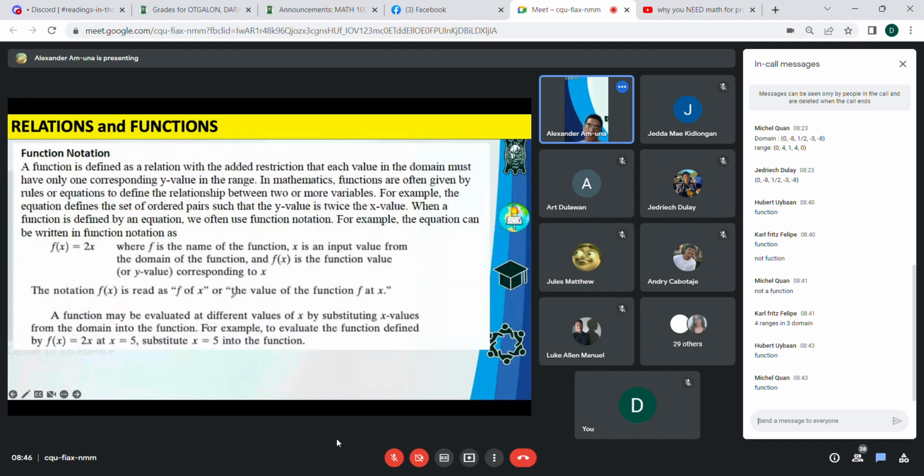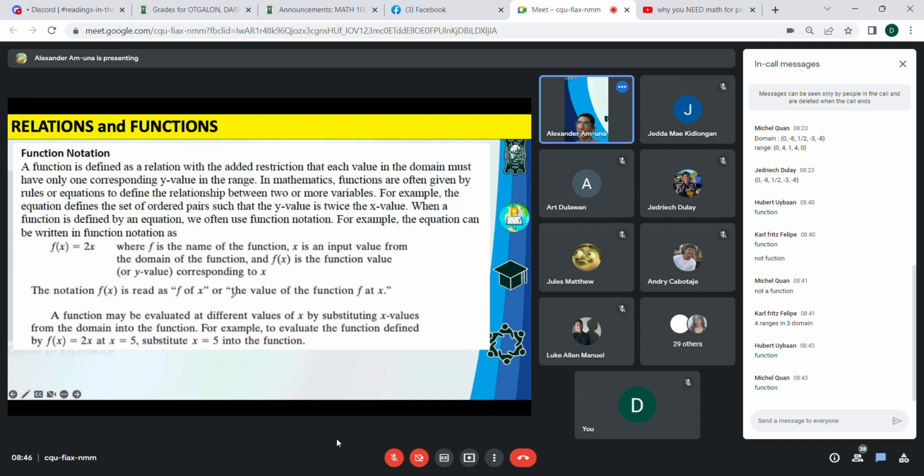Okay, let's move on. You will be encountering this in your other math subjects and in our future discussion, the proper function notation. Okay, so you always see f of x. So when we say f of x, it means the value of the function f at x.